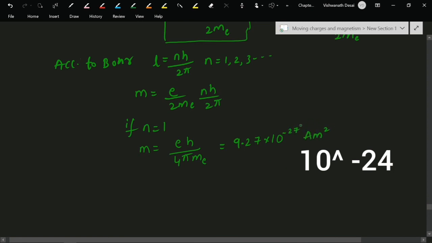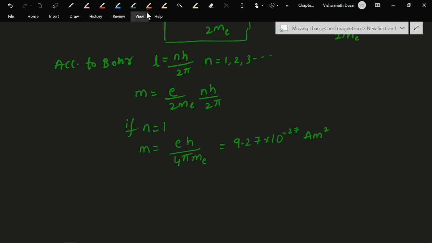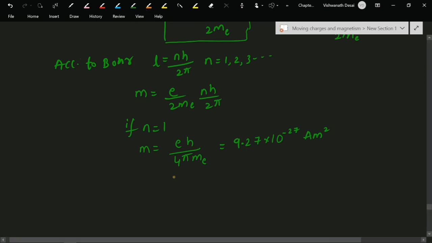How will you get this? Because we know the values of the standard constants here. So e, the charge of an electron, is 1.6 into 10 to the power minus 19 coulomb, and h is Planck's constant, 6.625 into 10 to the power minus 34 joule second.